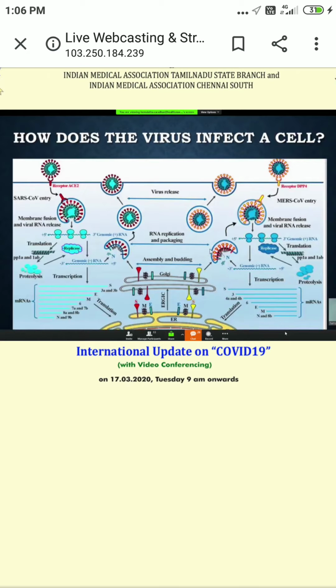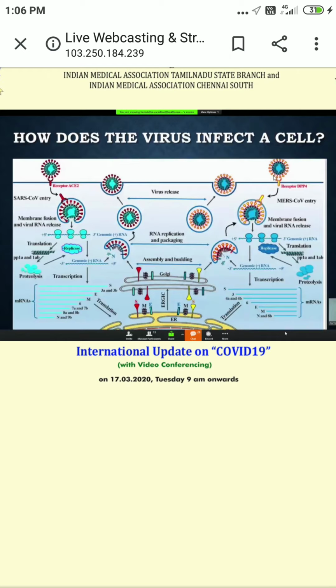And there is a different machinery that actually packs the spare parts together and packages it and then releases it out of the cell. And that then goes and infects the other cells. So this process occurs simultaneously, and therefore multiple cells get infected, and there's a very quick spread of infection.